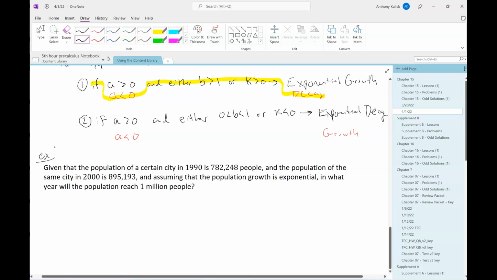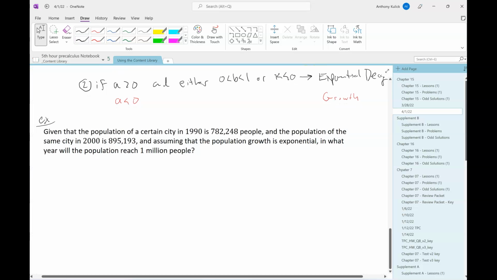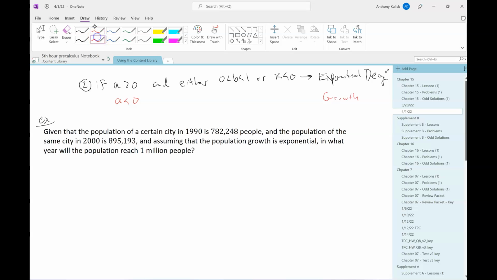All right. Given the population of a certain city in 1990 is 782,248 people, and the population of the same city in 2000 is 895,193 people.